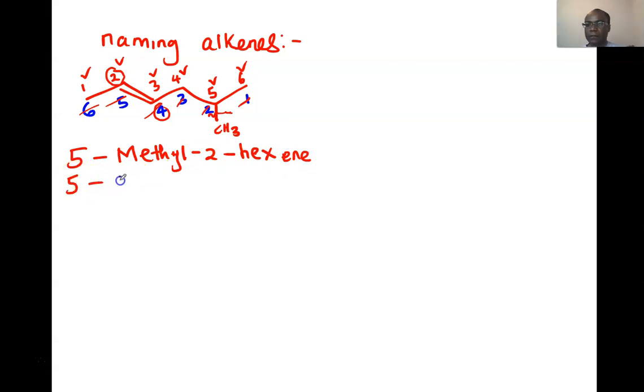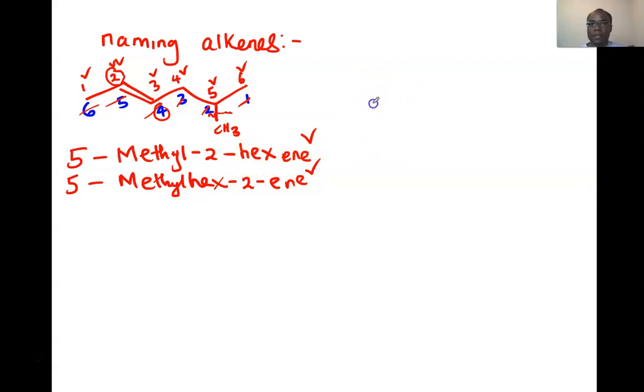The other version of the name will be 2-methyl, and it's also true. And then we say hex, and then this position where the double bond was found with the least number, you put it here as an infix, hex-2-ene. So these two can come before the parent name, or the position of the double bond can come within the parent name. Both of them are acceptable.